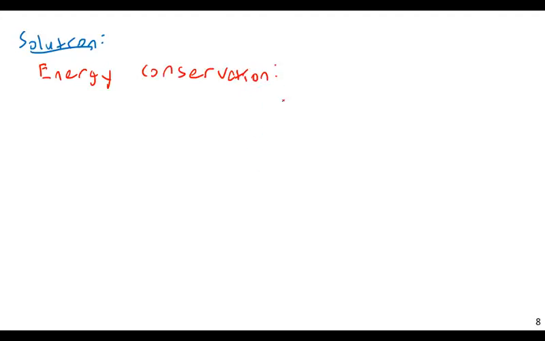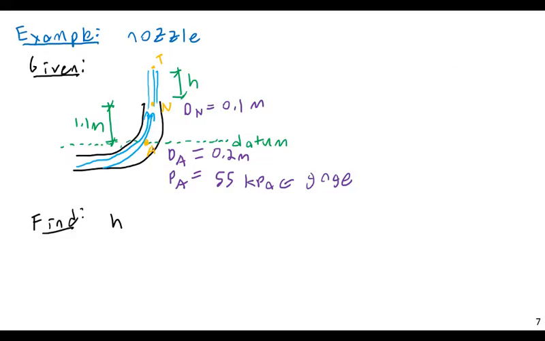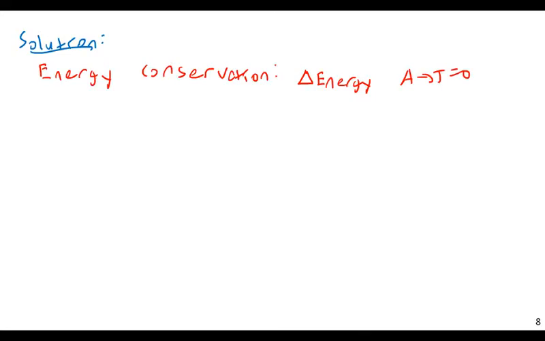The first one is certainly possible. The second assumption is completely impossible. We're always going to lose some energy to heat and such, but for our simple case here, we can say it's good enough. And I'm assuming that the change in energy from point A to point T is 0.